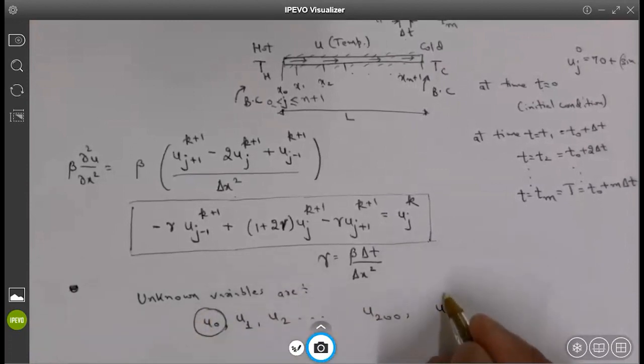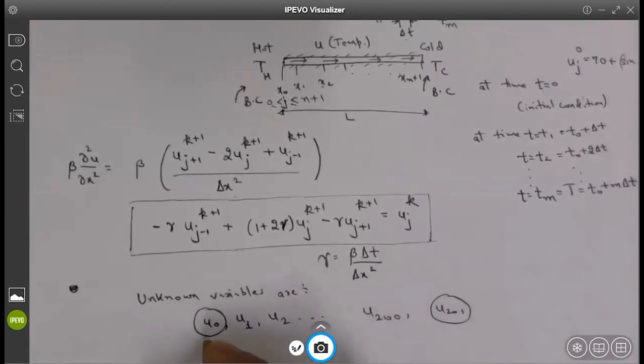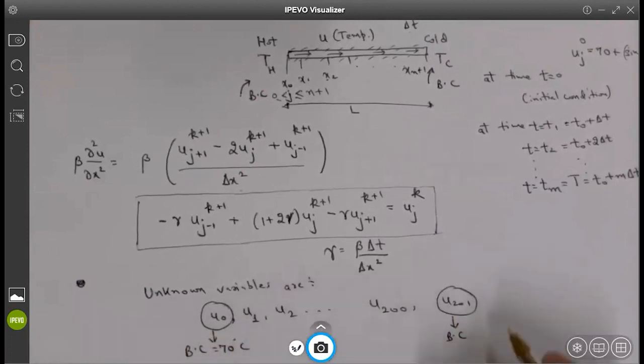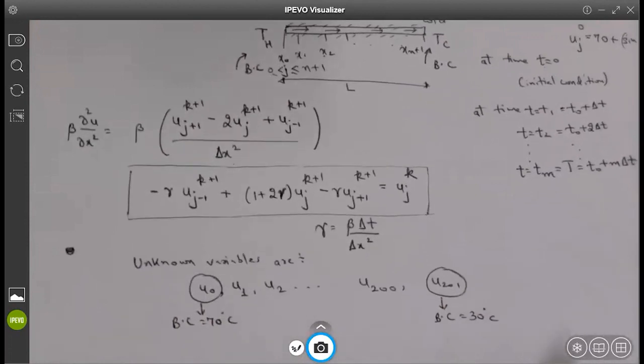This is a part of the boundary condition and this is a part of the boundary condition. Is that making sense, guys? Yes.